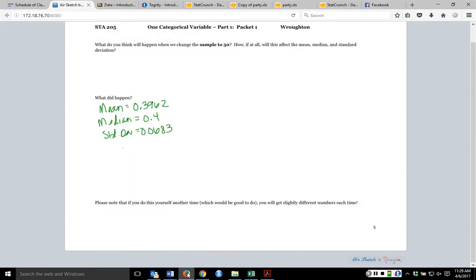So what did happen? Our mean and median were not really affected. And that's what we saw each time. So whether I sampled 10 beads or 20 beads or 50 beads, the mean and median were not really affected. However, our standard deviation got smaller with more beads.